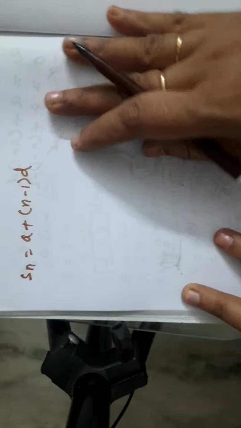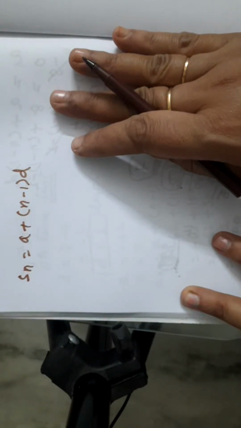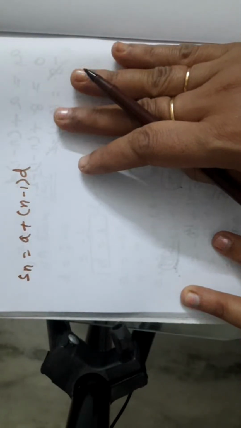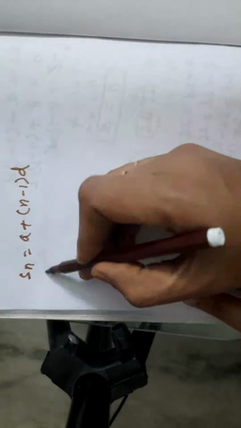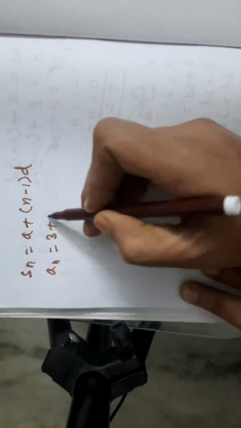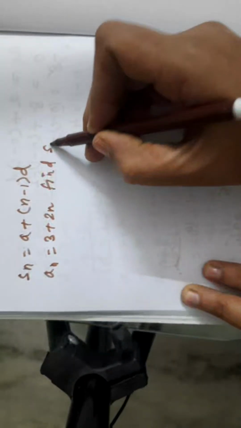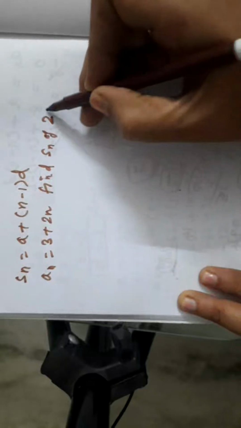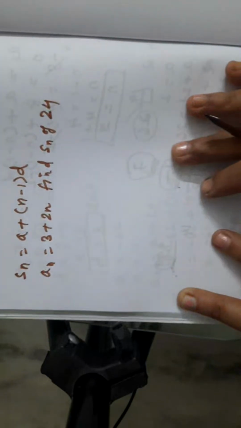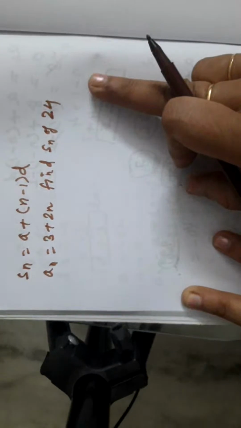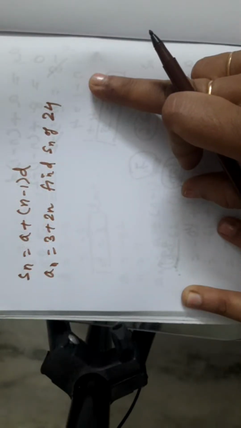Here they will give, like, find the sum of the first 24 terms, and the terms can be given like an is 3 plus 2n. The sequence is not given, so you need to prepare the sequence on your own.